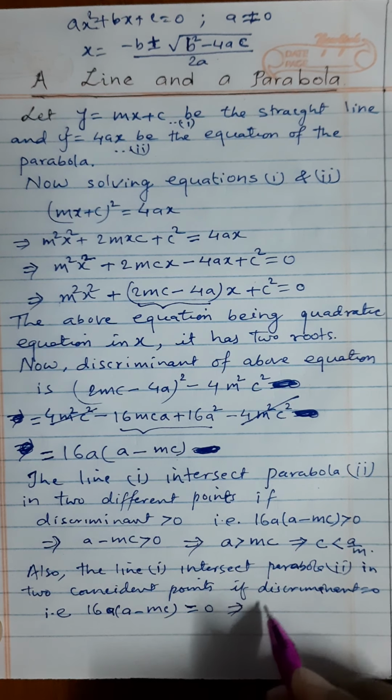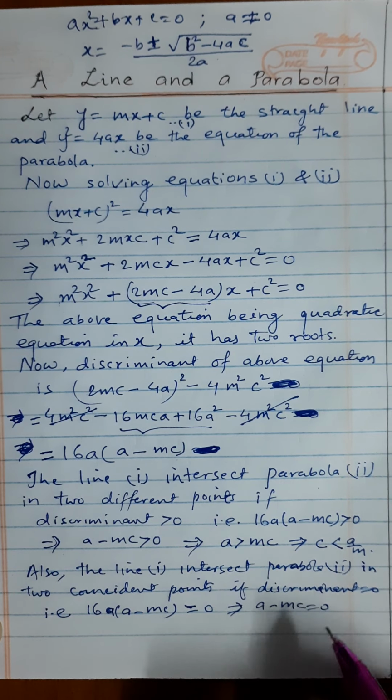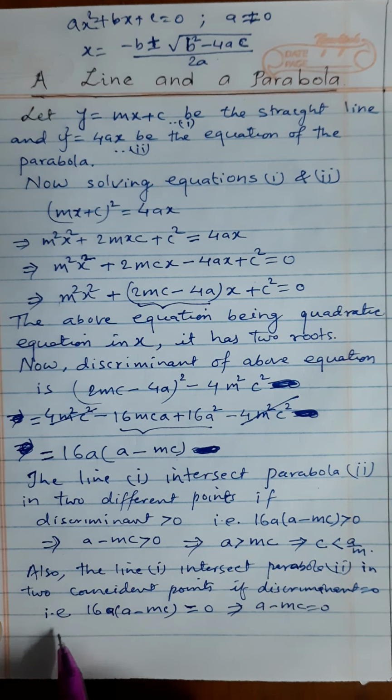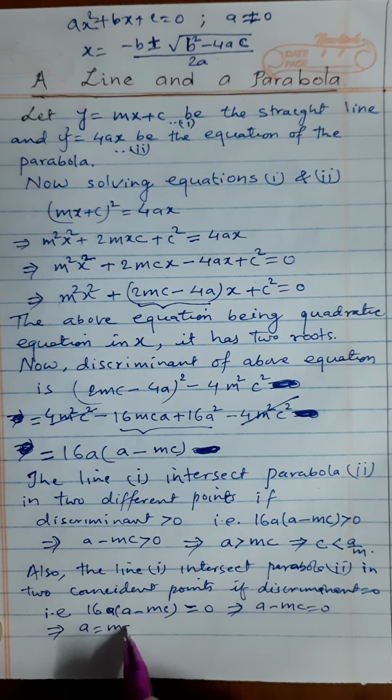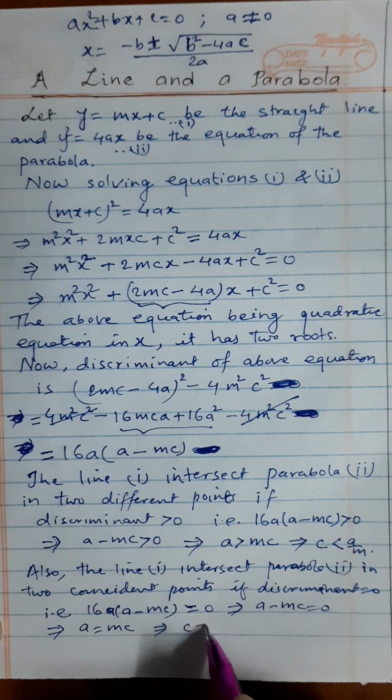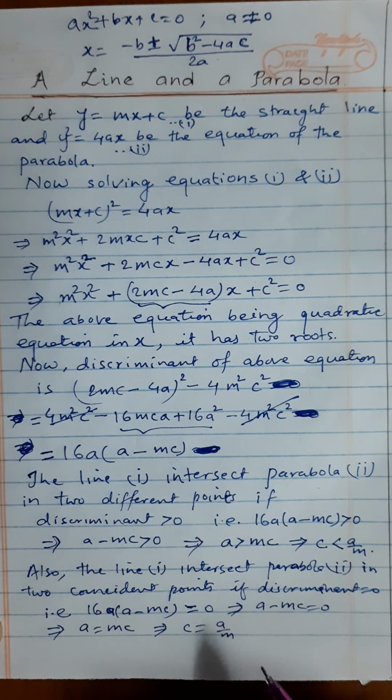This implies a minus mc equals 0, and this implies a equals mc, and so c equals a over m.